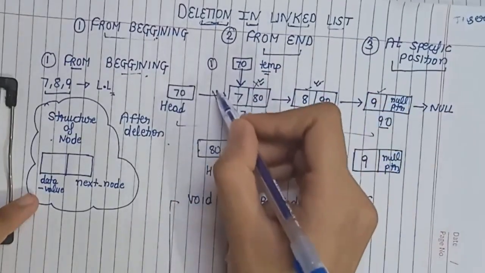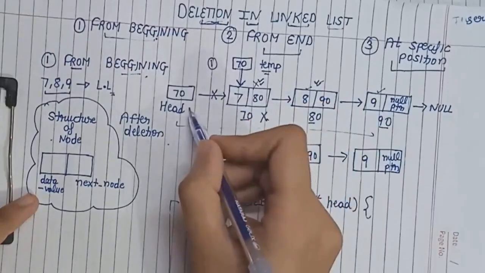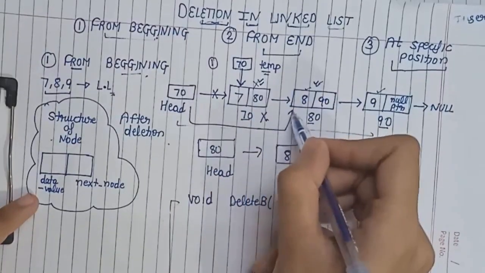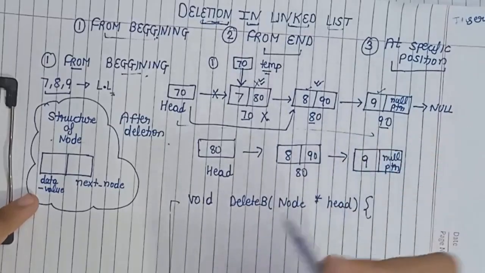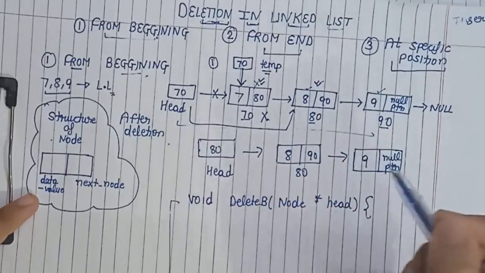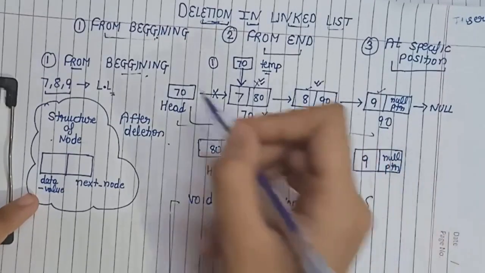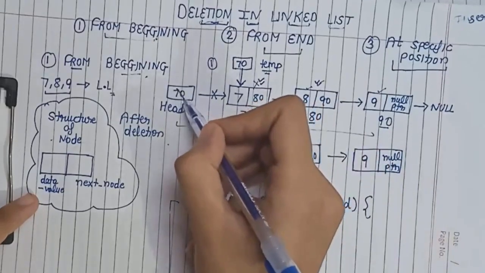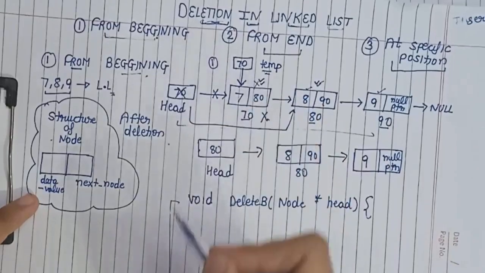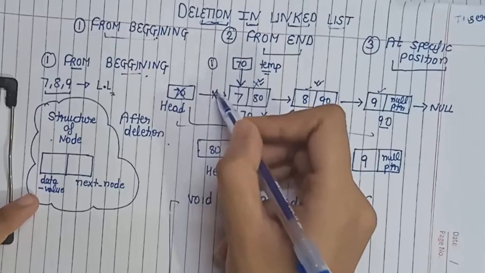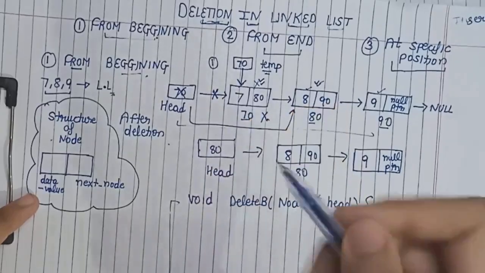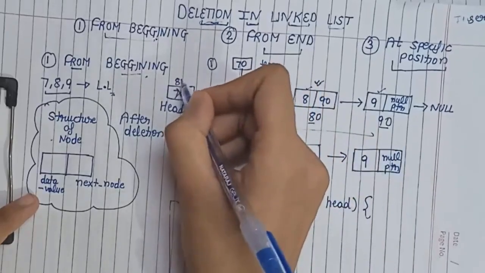The next step is to break this particular link and make this link. How can this be done? This can be done using the concept of addresses. We will remove the address 70 from here. Once you remove the 70 address from here, this link will get broken, and now we will put the address 80 here.